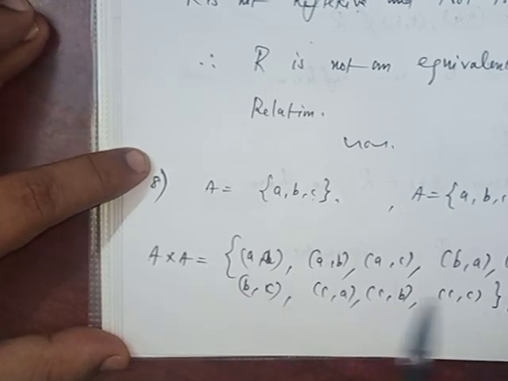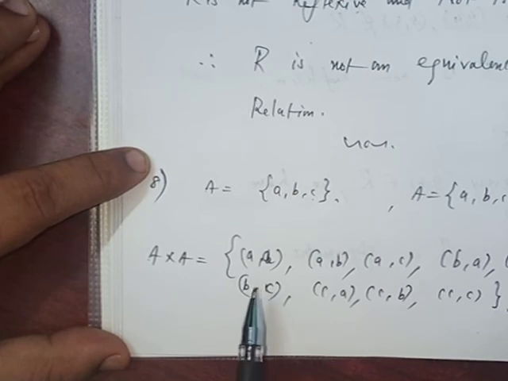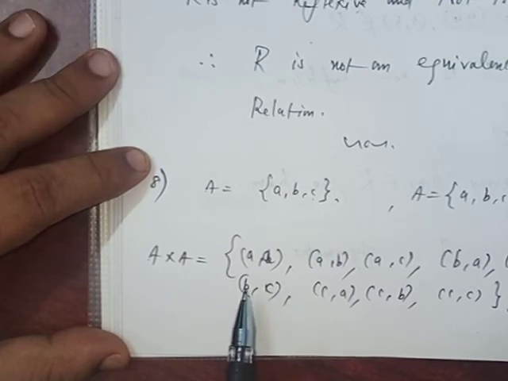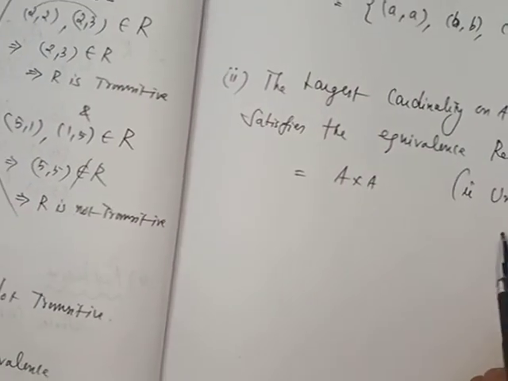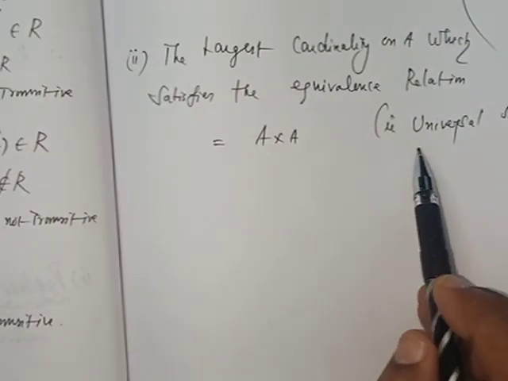So all three are satisfied: reflexive, symmetric, and even transitive. We can say that is an equivalence relation, the largest cardinality on A. So A cross A, over. What is it called? Remember, that is the universal set.